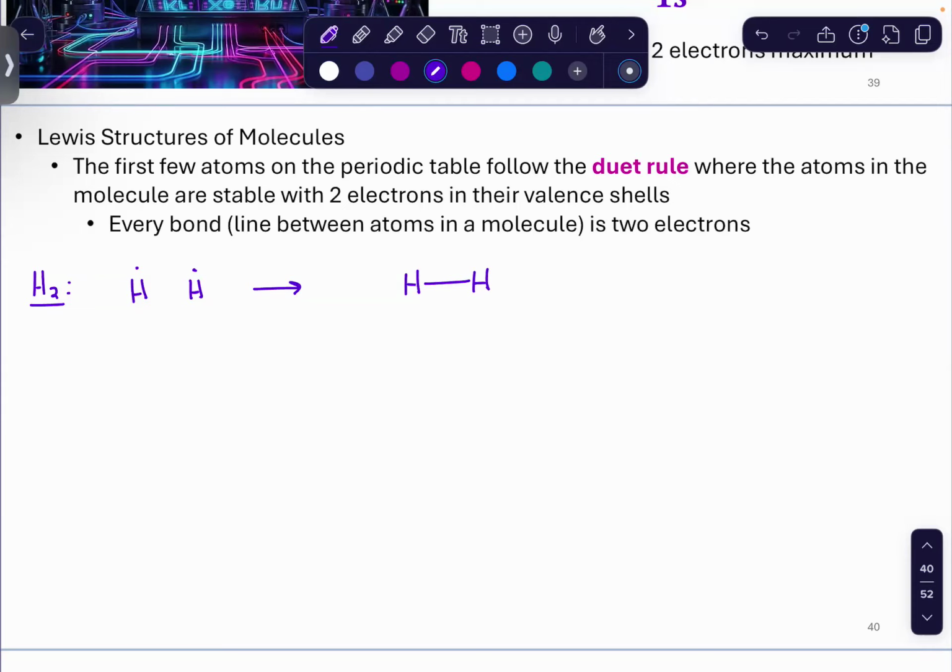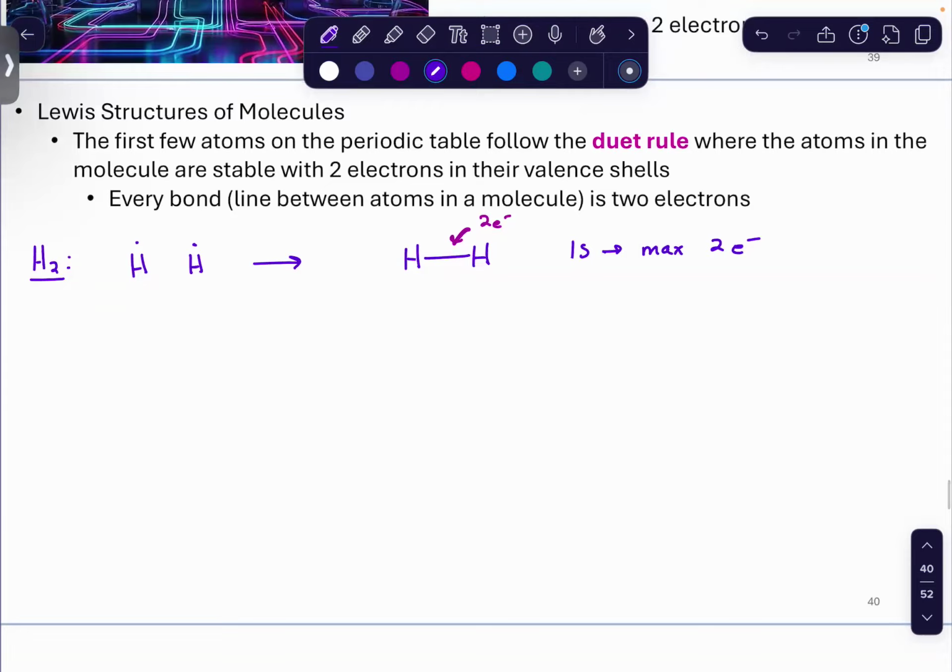In this case, no. And so your hydrogen molecule is this homonuclear diatomic with a single bond, but you notice here there's only one bond, so that's two electrons. But this is completely stable for hydrogen because each hydrogen only has a 1s subshell to work with. So that's a maximum of two electrons. So your hydrogen is going to follow your Duet rule.